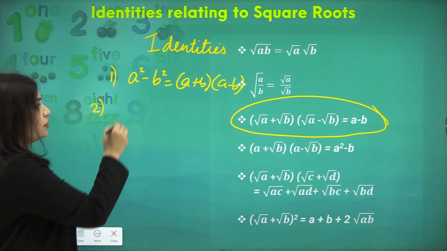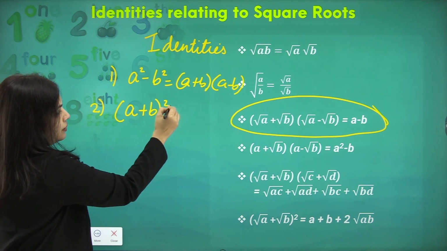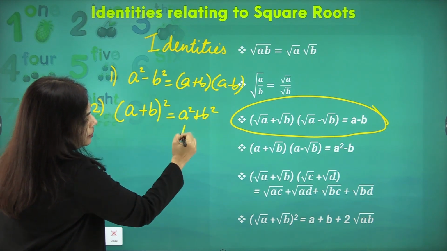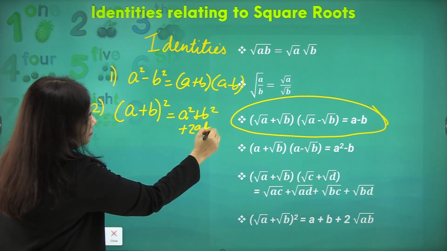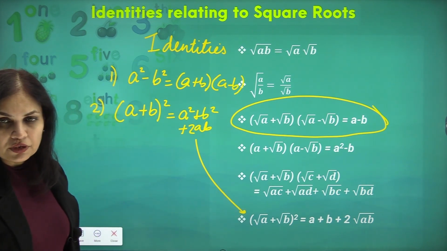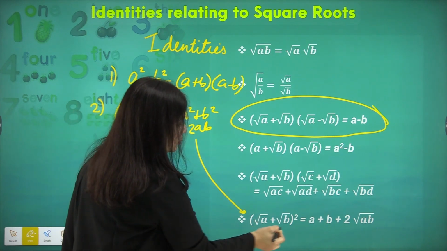Second, the whole square identities. A plus B whole square is equal to A square plus B square plus 2AB. So, this identity will be applied here.